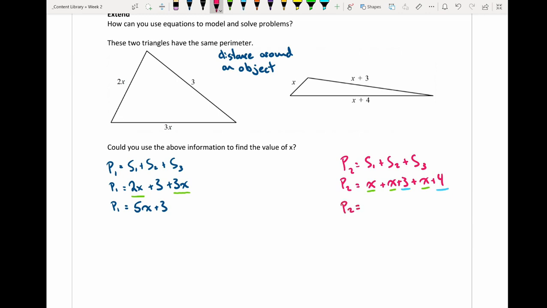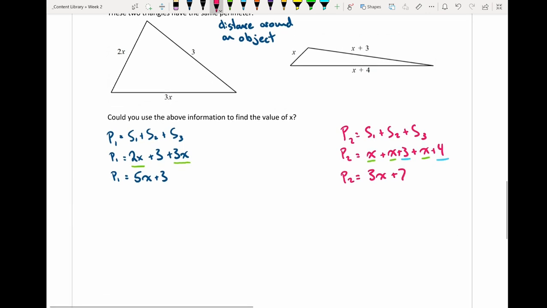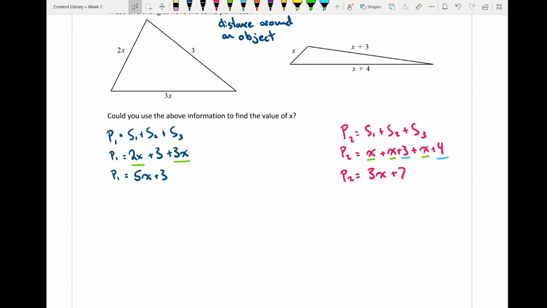So when I collect those, x plus x plus x is 3x, 3 plus 4 is 7. Now I need to solve for x. The other piece of information that this question gives us is that the perimeters are the same. So that means that 5x plus 3 is going to equal 3x plus 7.